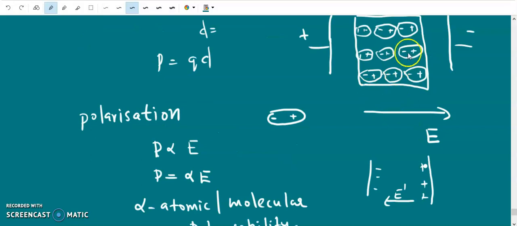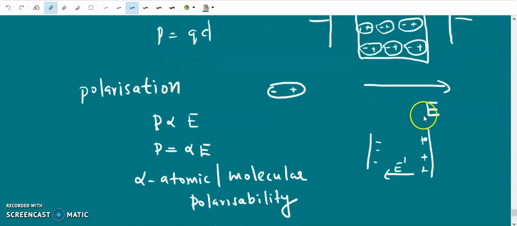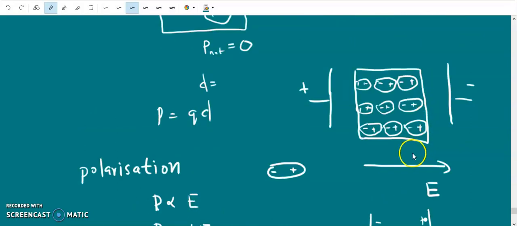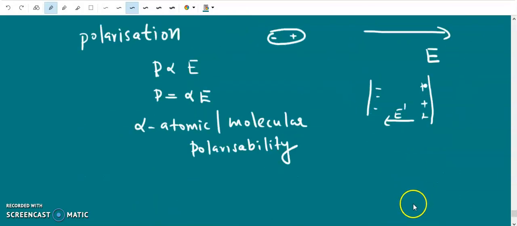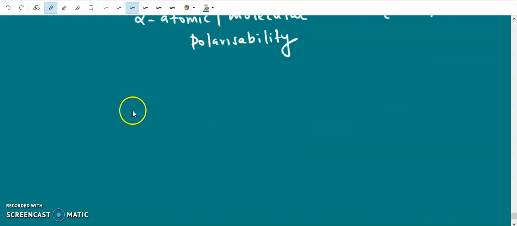Since only the surface charges exist, the inside charges cancel, but the charges on both sides will not cancel. This leads to an induced electric field. So the total electric field inside the dielectric is E minus E prime, and this will not be 0.